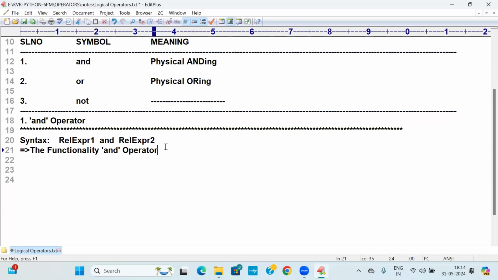The AND operator is described in the following truth table. Even at 10th class and 9th class level, you will come across these truth tables, right?